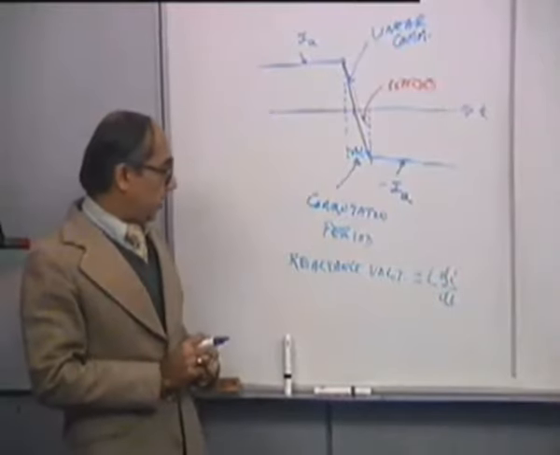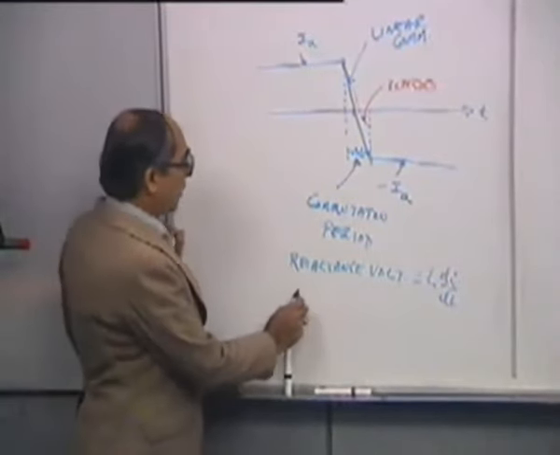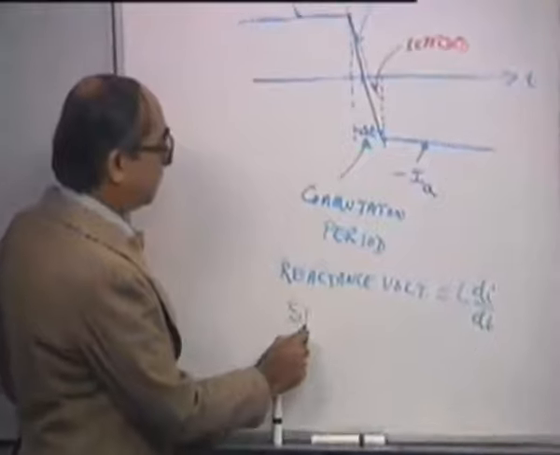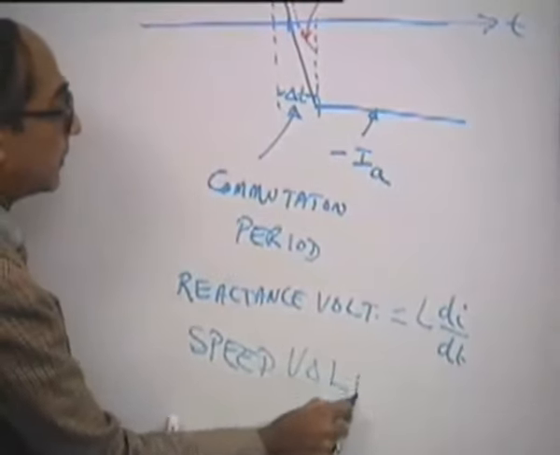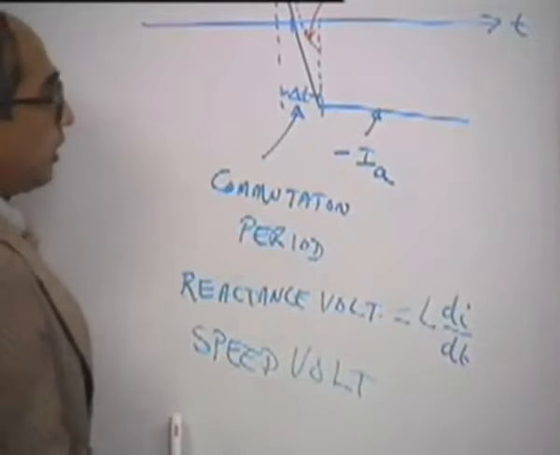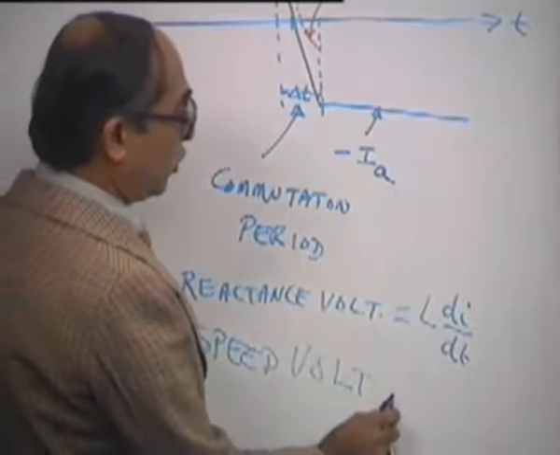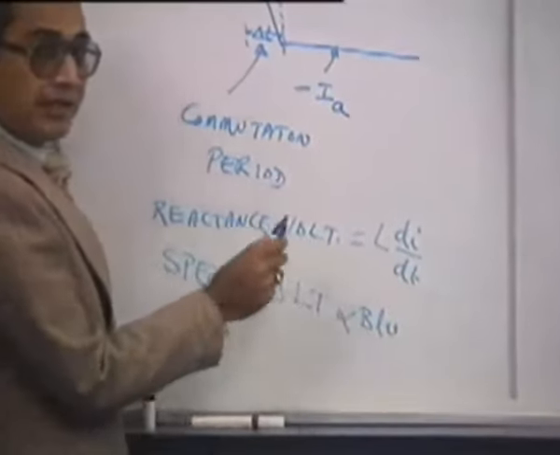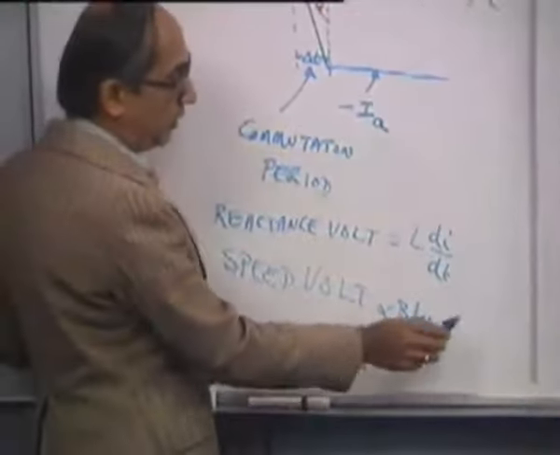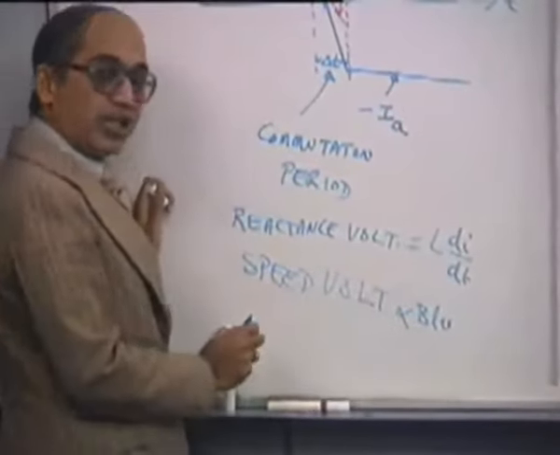Okay, and of course there will also be a speed voltage, which is due to the movement, that is BLV. When there is a linear movement, there is a voltage.